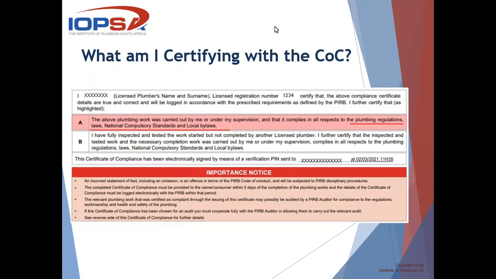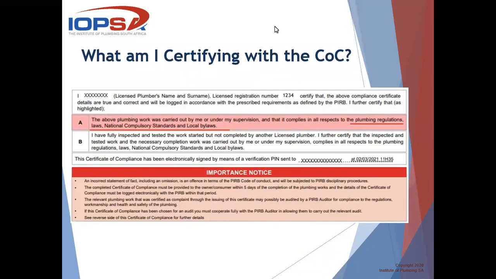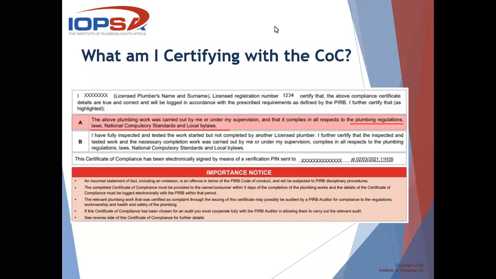Yes, Steve, and connecting to what you're saying, we find it more and more that, as you say, agents, body corporates, even the insurance companies, and lately a lot of the developers, even architects and engineers, are realizing that they need to connect to the plumber when they do development.